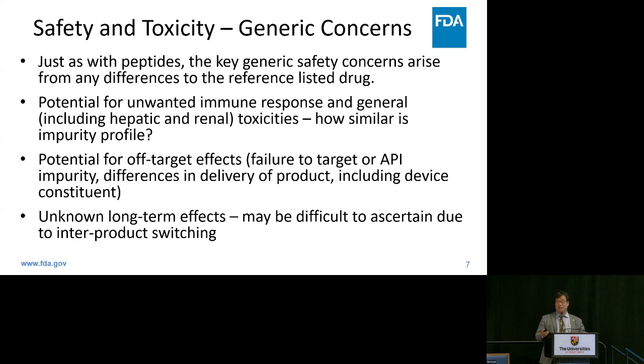We've seen this in the biologics for psoriasis, for example, and there are lots of studies with products like Humira or Enbrel looking at, hey, what's the long-term immunogenicity effect for these products? And it's complicated because of product switching.